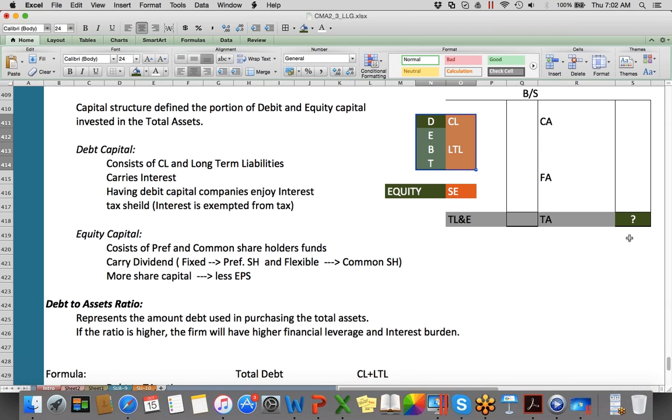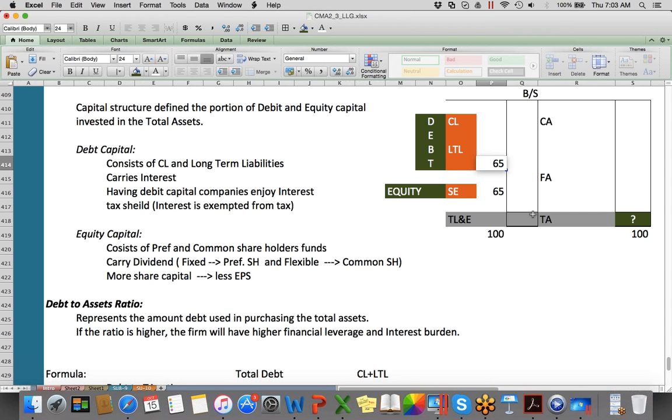So if this is $100, the debt should be around $35 to $40, and the remaining amount, equity, will be $65. So if you have $100 of total assets, you should have around $35 to $40 funded from debt capital, and the remaining 65 from equity capital, so that you will have some grip on the business operations.